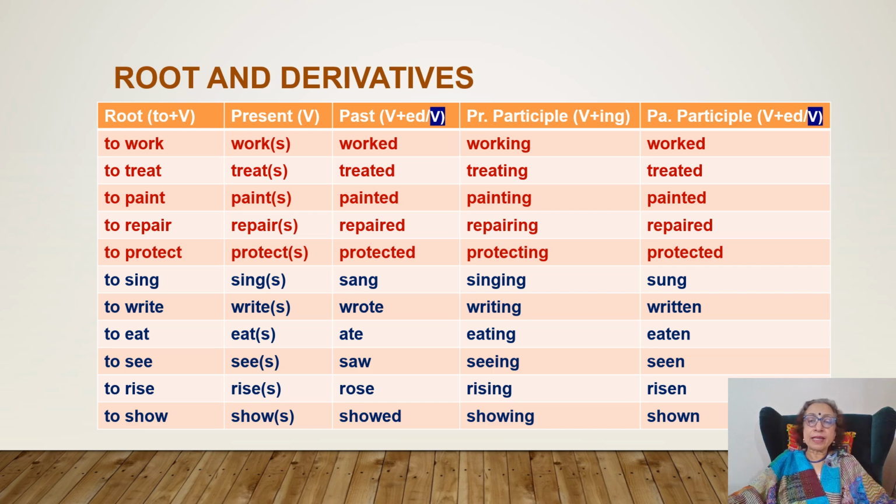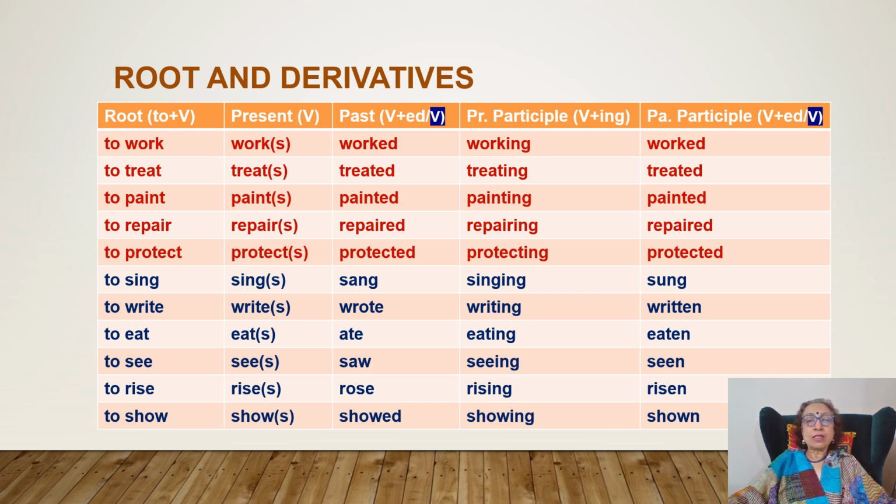We will do finite, non-finite verbs in one video where I will tell you about it. We can also have the verb without it, the root form without to, that is called bare infinitive. Bare means you remove something, and what you remove is to. The verb in its root form is the present tense. It's the same form. It doesn't change at all, except for the singular third person pronouns.